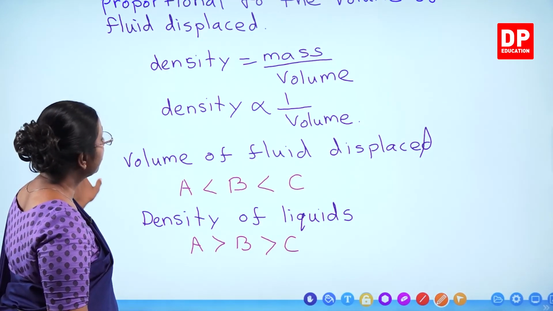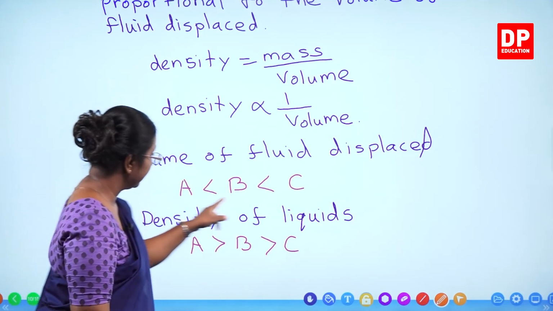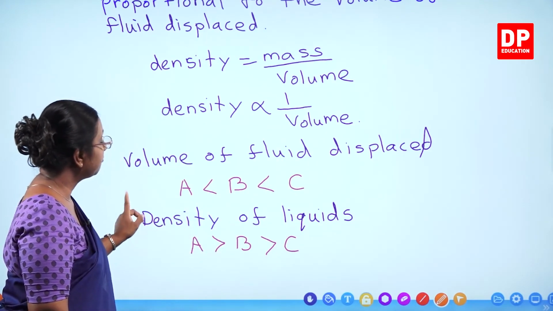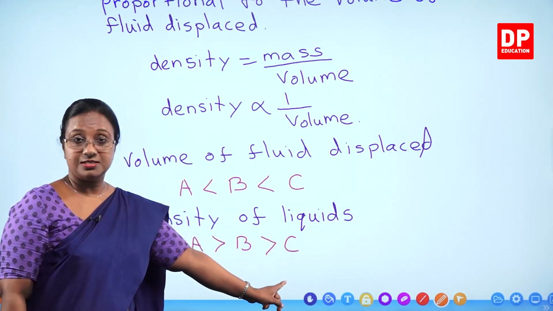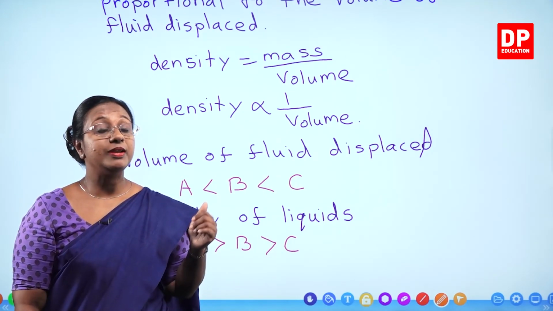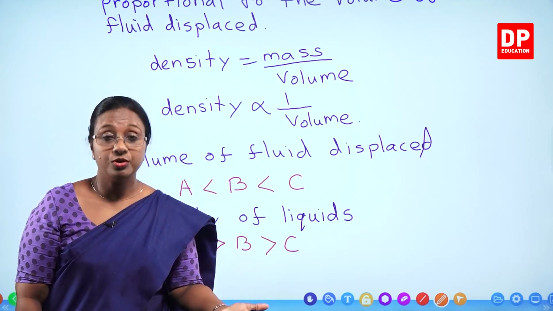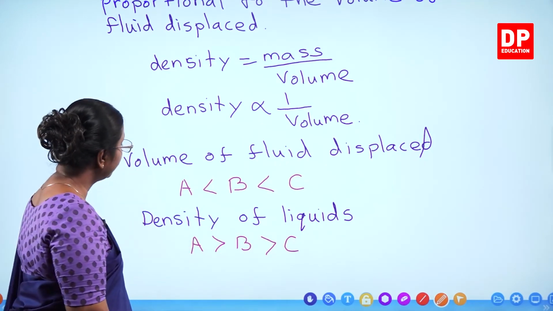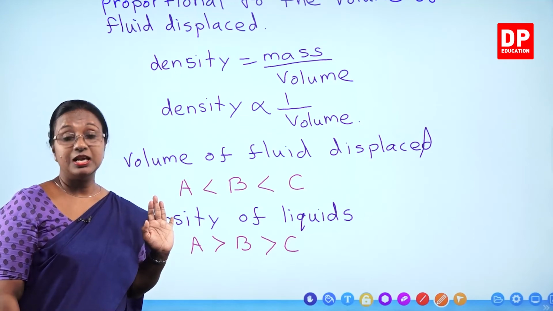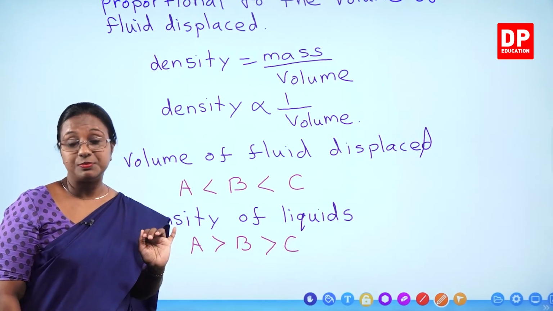Upthrust is the same, the volume of the fluid displaced increases this way, therefore density decreases. If the density of the liquid is less, the object has to displace more liquid. So that is how we use the hydrometer based on the Archimedes principle.